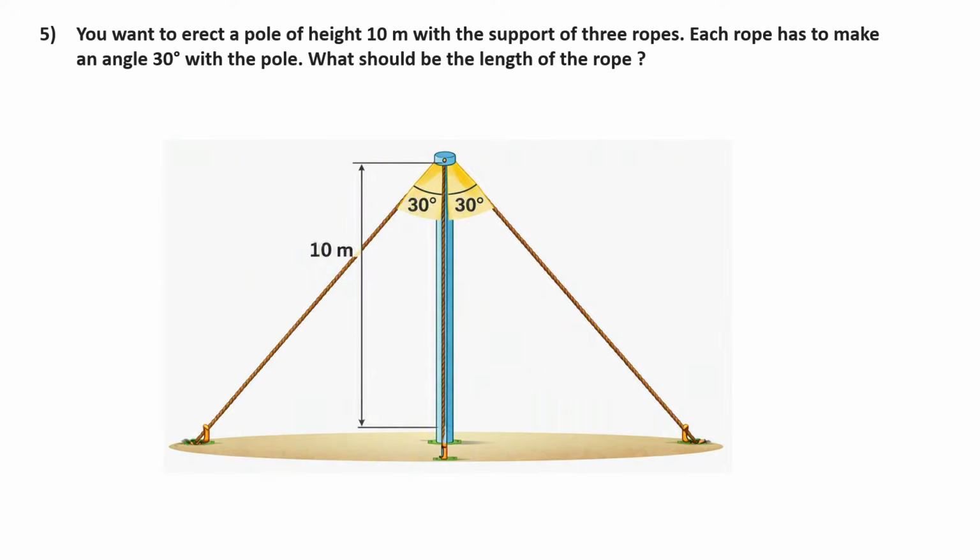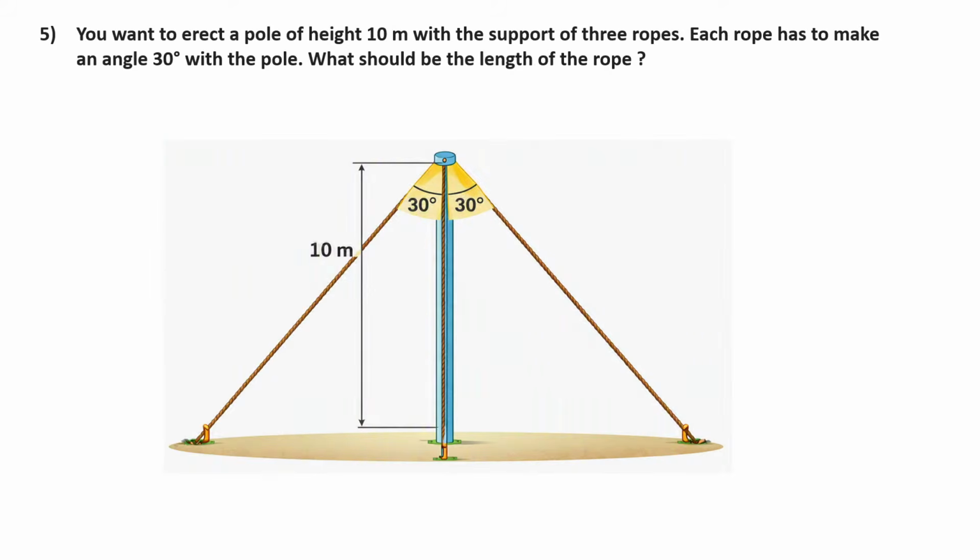To erect that pole perpendicular to the ground, we have taken the help of 3 ropes, as you can see on the screen. There are 3 ropes tied to the top of the pole and pulled and tied to the ground level, so that each rope makes a 30 degrees angle with the pole but not with the ground.